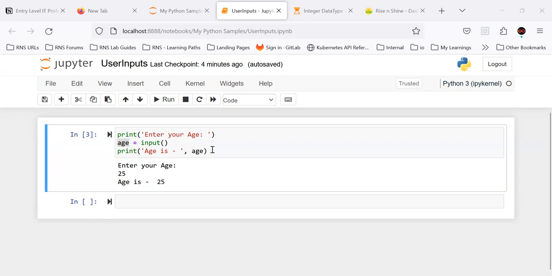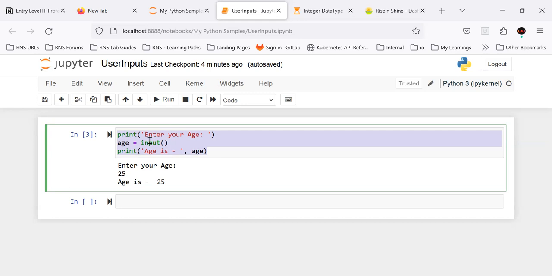Now here, how many lines have I written for this? 3 lines. From a developer's point of view, we always need to think about minimizing the number of lines. Suppose I get a task and I complete it by writing 15 lines.